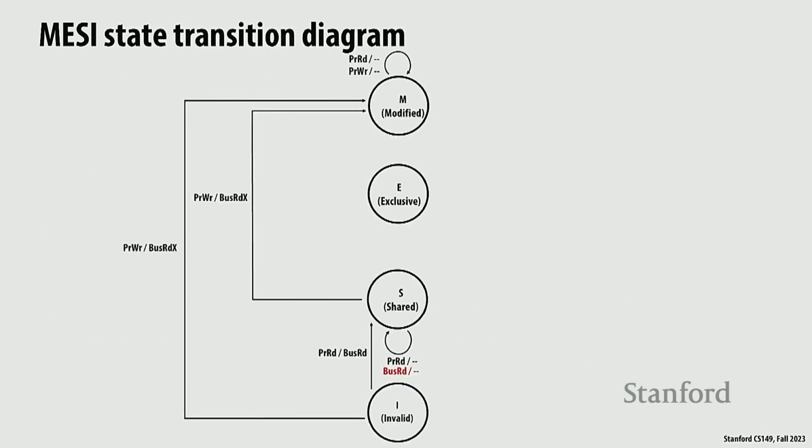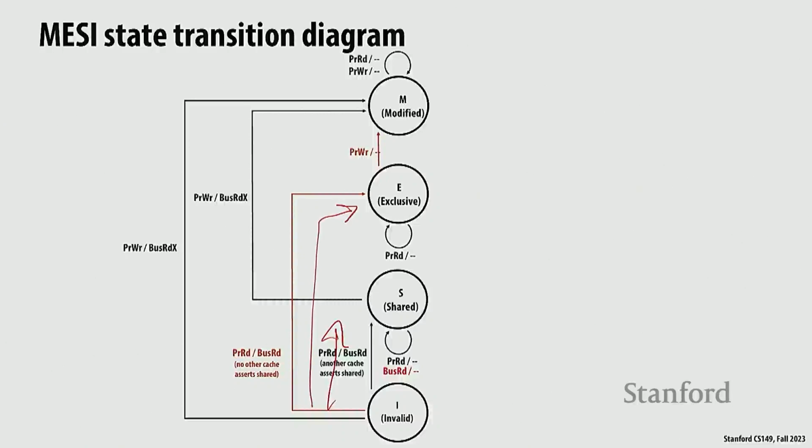So you go from invalid to shared would be the typical case if the line was shared, but if the line were not shared, then you could go directly to exclusive state.